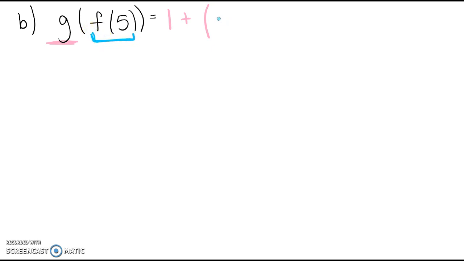So I've got parentheses 3 plus the square root of x minus 1, but x is going to be 5, so I have 5 minus 1. And then I'm going to continue writing, and I've got plus 2, and then all of that's going to be squared. And now we just simplify.